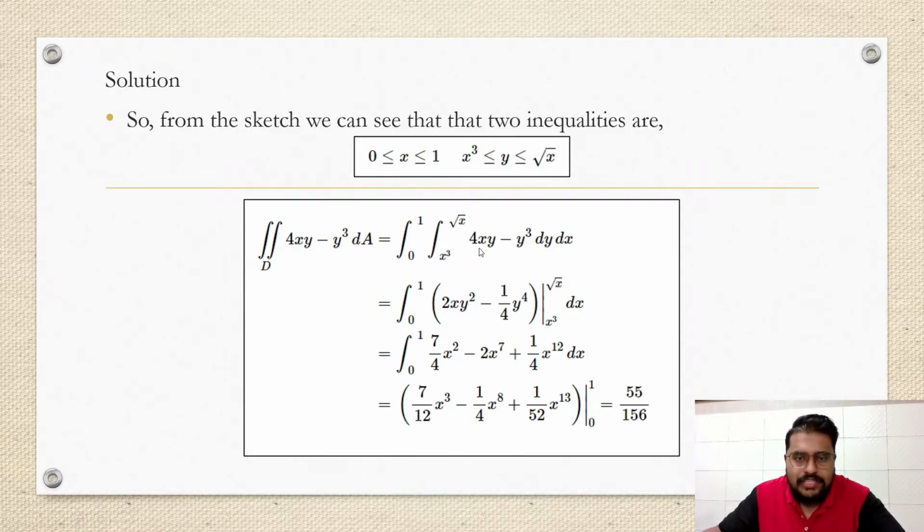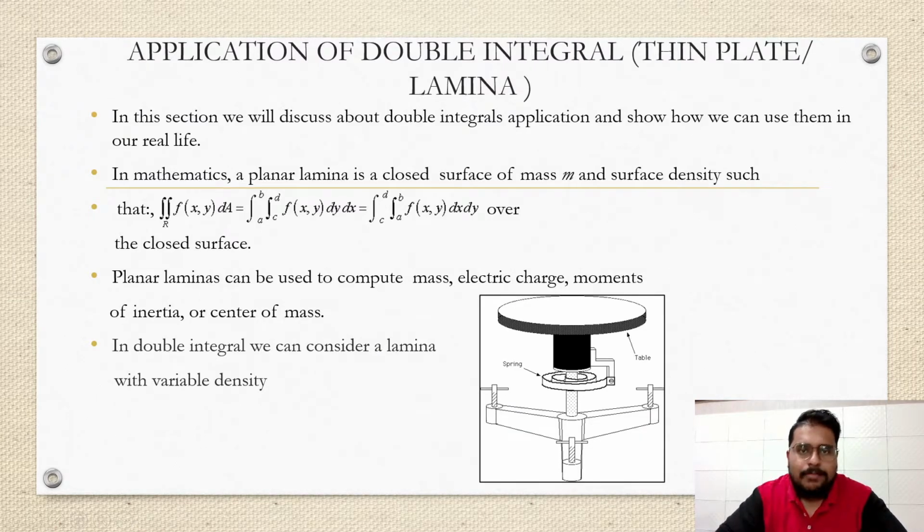By integrating 4xy minus y^3 dy dx, you will get the answer of 55/156. So doctor, the application of double integral will be explained by my friend SREE ARAN. Thank you, doctor.